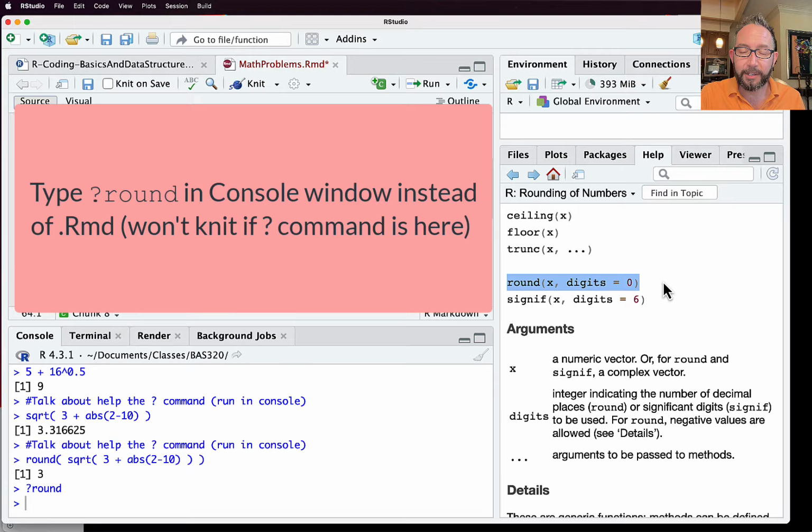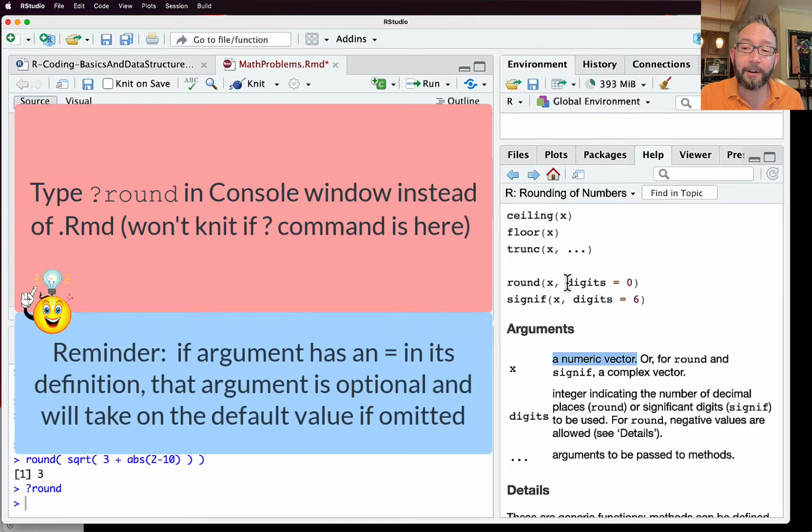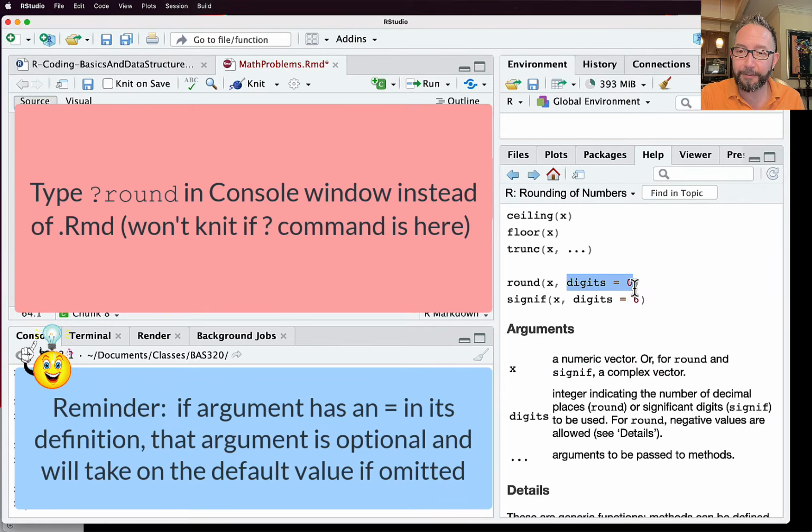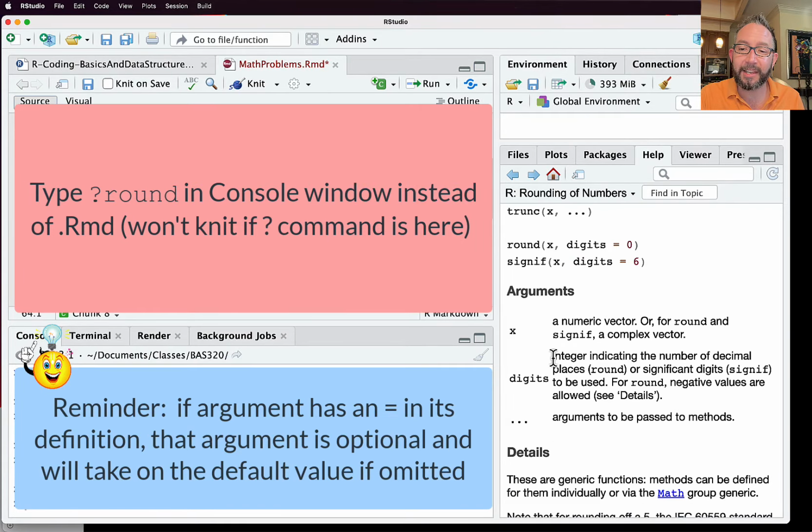Well, here we go. So round is going to take an argument x, which is just a numeric vector, or just a number, and then a second argument, digits equals. And its default is 0, because we see in the definition it's set equal to 0 if I leave that out. And we see that this digits is an integer indicating the number of decimal places or significant digits to round to.